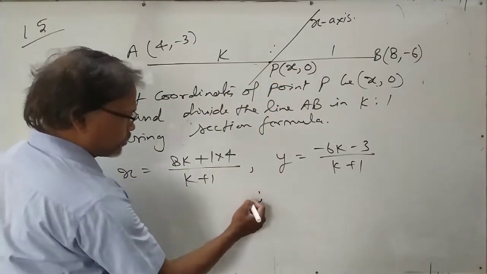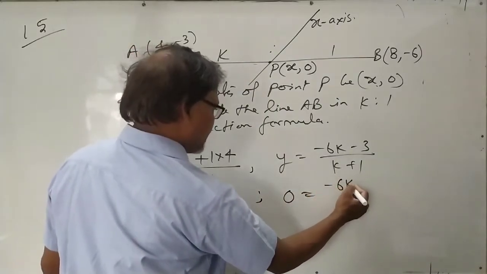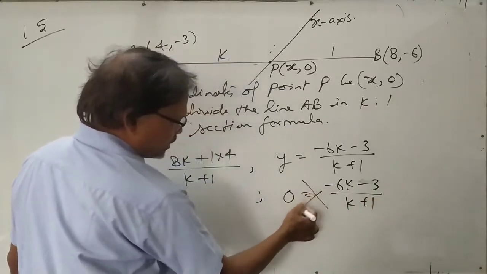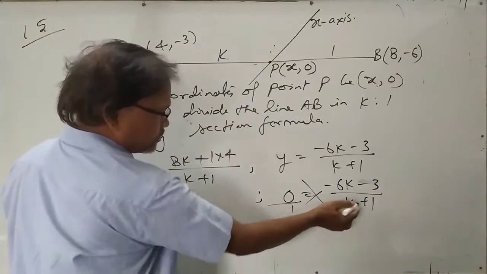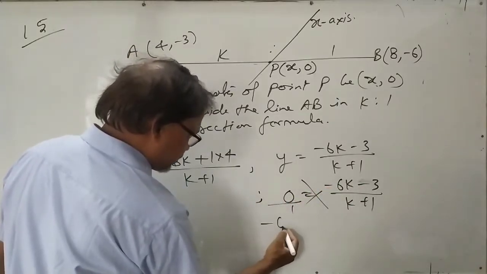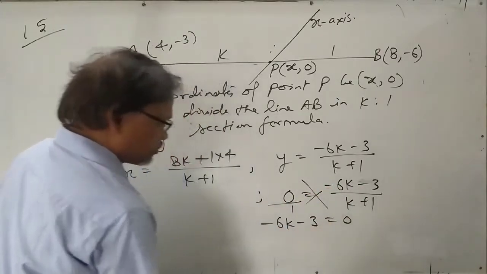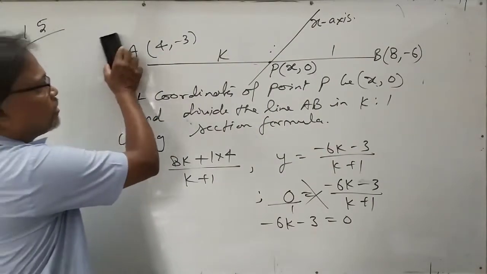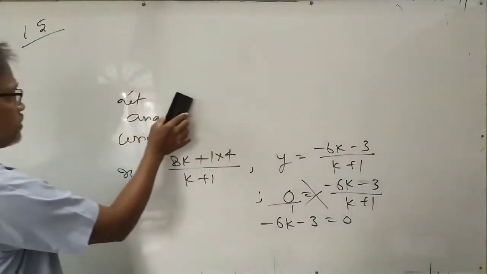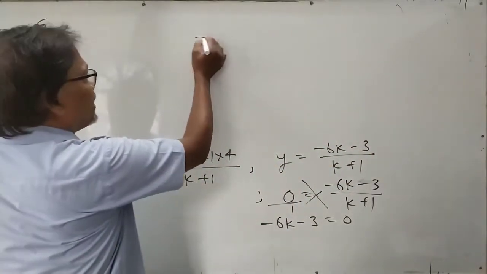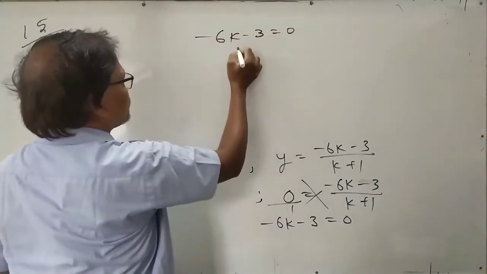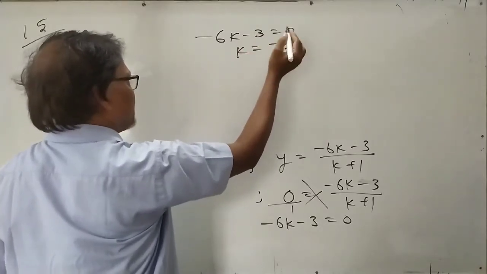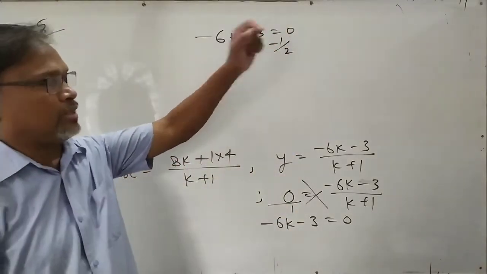So you will write here 0 is equal to minus 6k minus 3 divided by k plus 1. Do the cross multiplication, तो ये तो 0 ही हो जाएगा and you will get minus 6k minus 3 is equal to 0. So what is the value of k? So k is equal to minus 3 by 6, minus 1 by 2. This is the value of k.